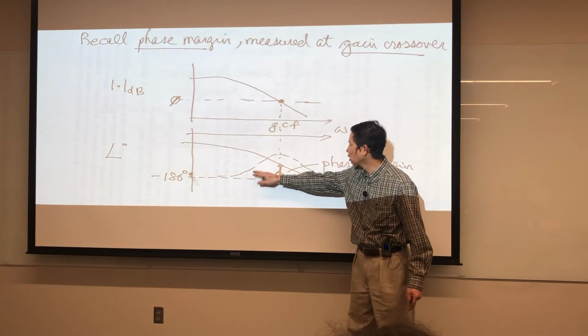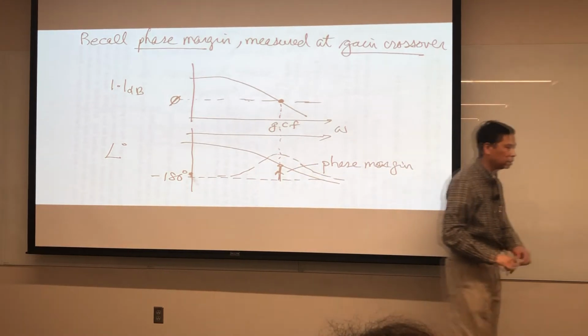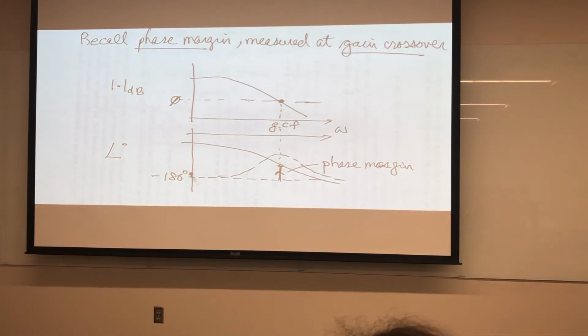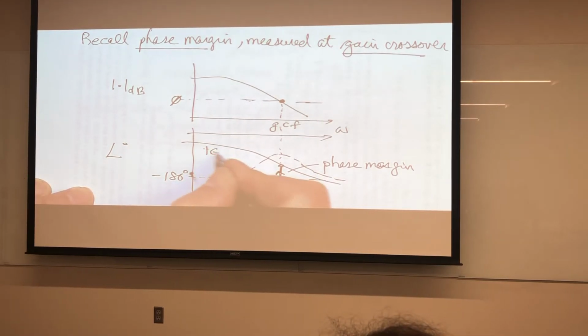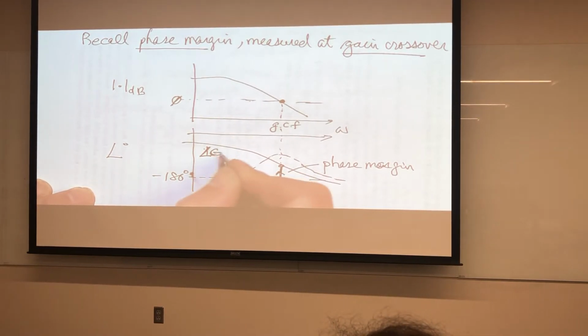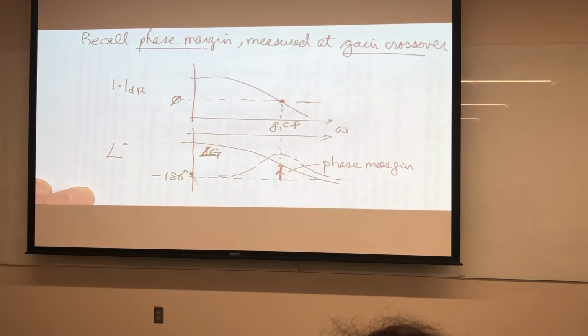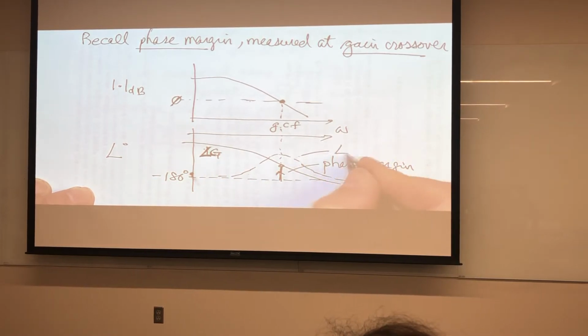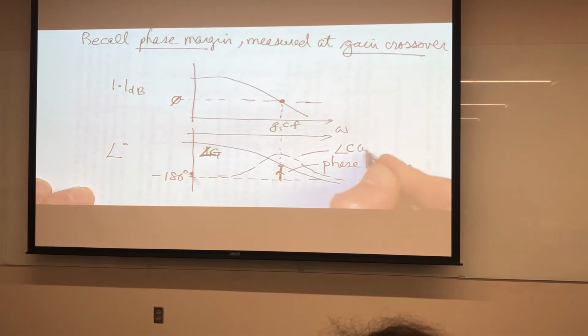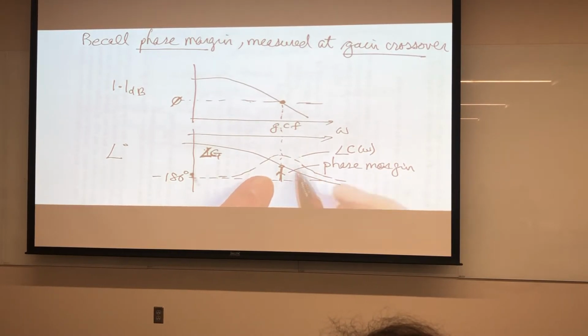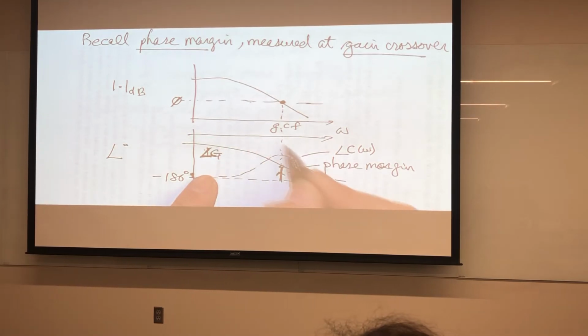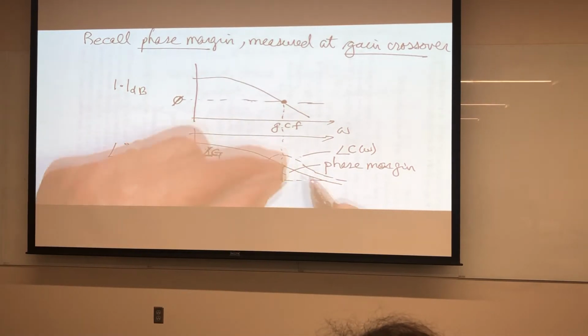So that's what we're doing here. We're going to take this lead compensator, and we're going to fill it in. So this is the phase of the open loop. And this is going to be the phase of the compensator. We're going to just put a pile of dirt right here, and we're going to kind of lift this phase up.